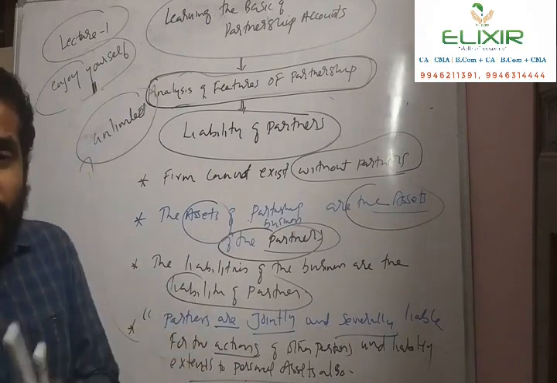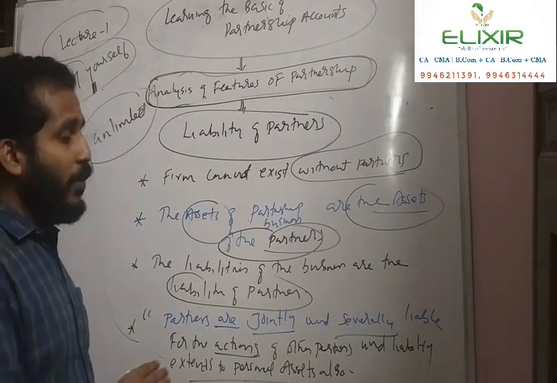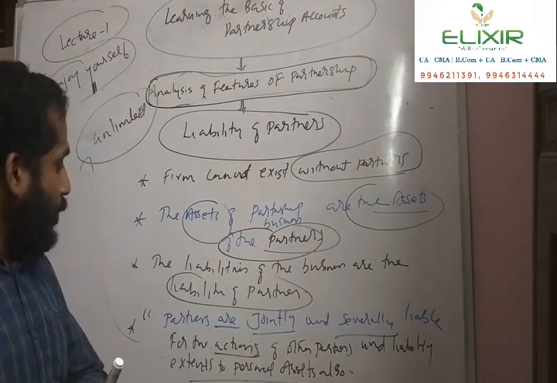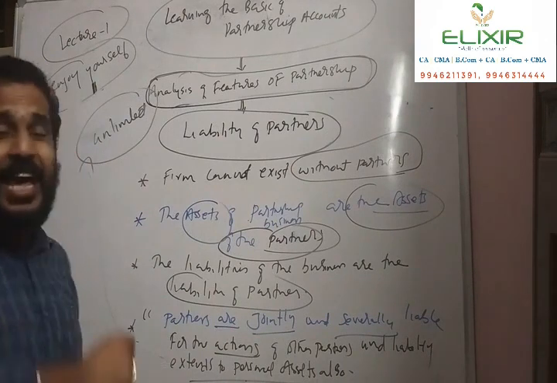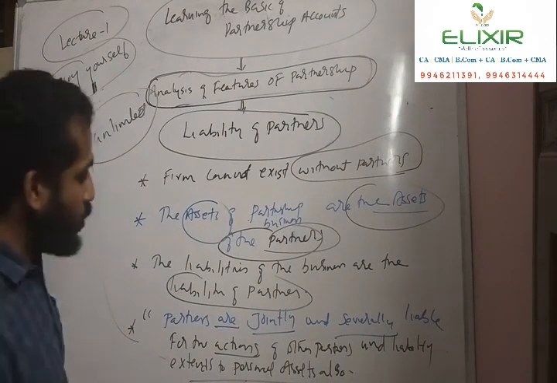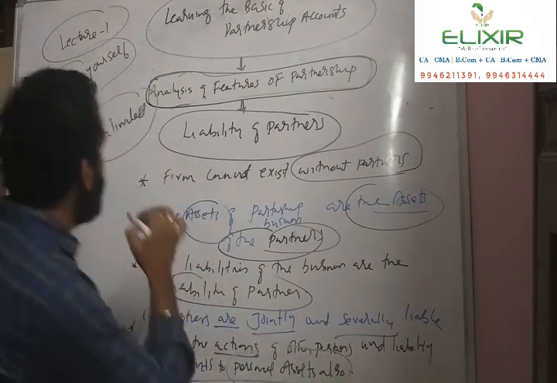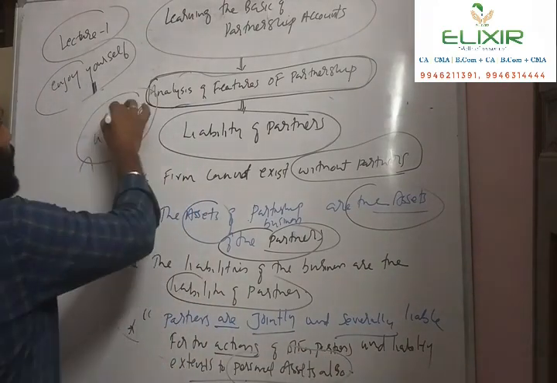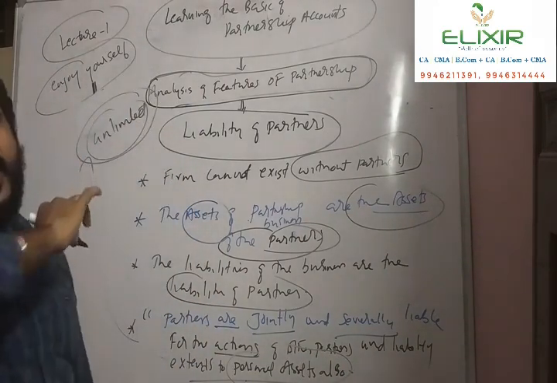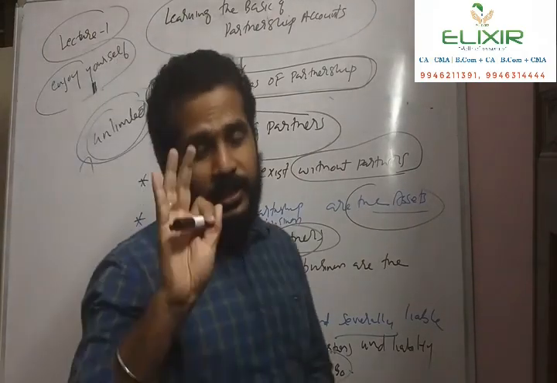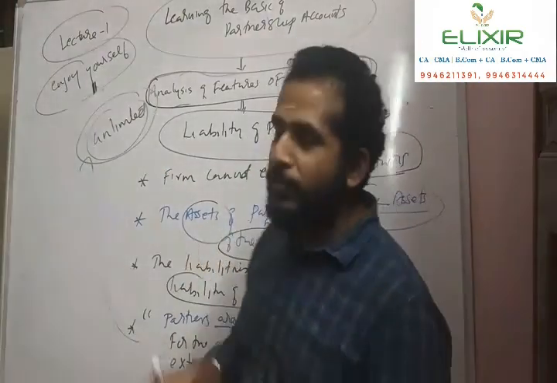The partners are jointly and severally liable for the actions of other partners, and the liability extends to the personal assets also. Therefore, the liability of partners is unlimited. These are the features of partnership business.